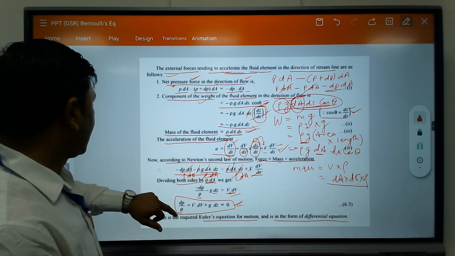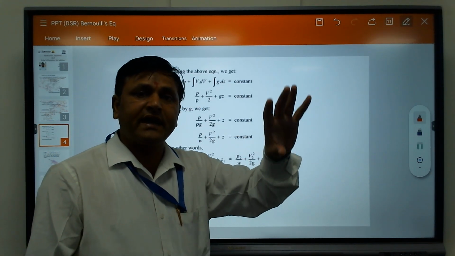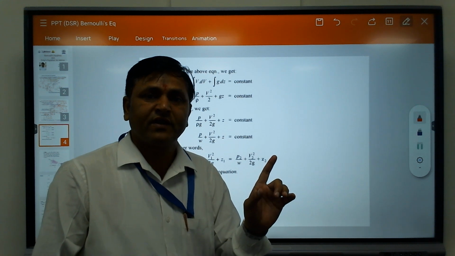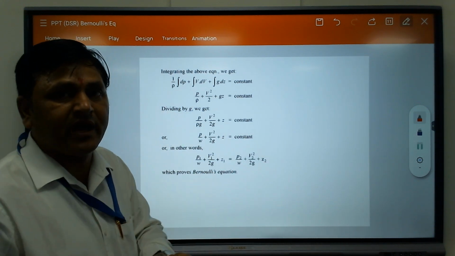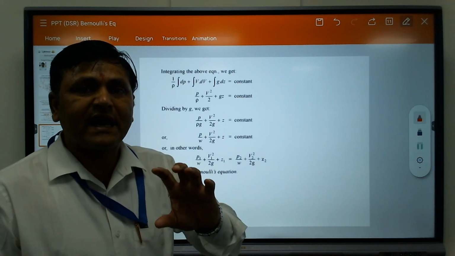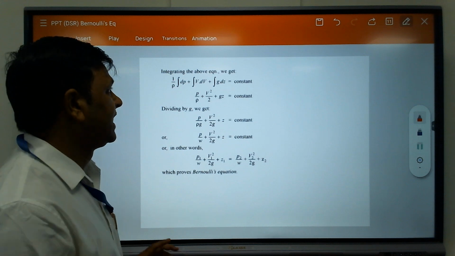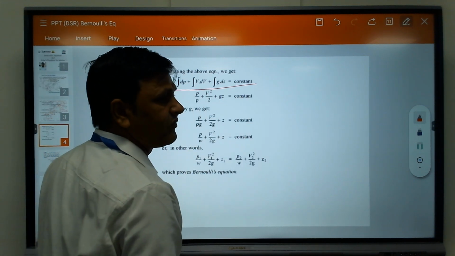Now, we have already derived the Bernoulli equation in the last lecture. In this slide I will tell you how to derive the Bernoulli equation from Euler's equation of motion. We have already derived Euler's equation of motion.